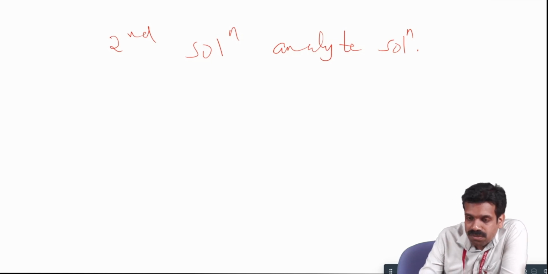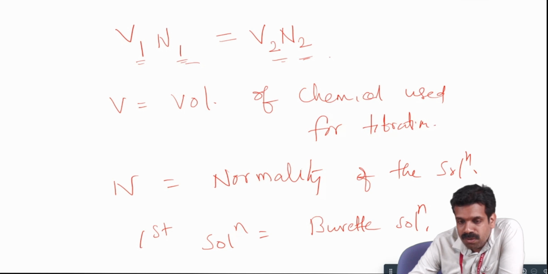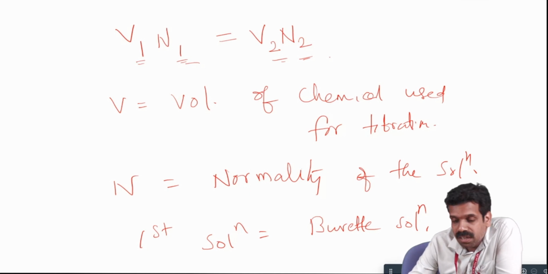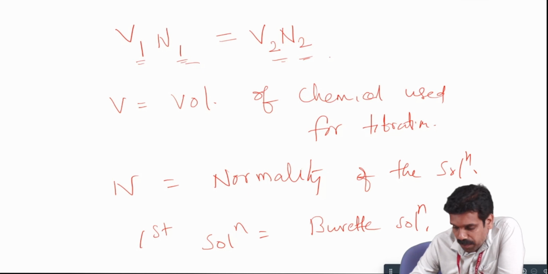Now I want to know the values of V1, N1, V2, N2, and whether I can find the concentration of the given acid from this equation. What is V1? V1 is the volume of burette solution used for titration.